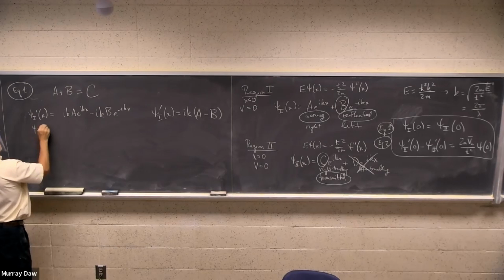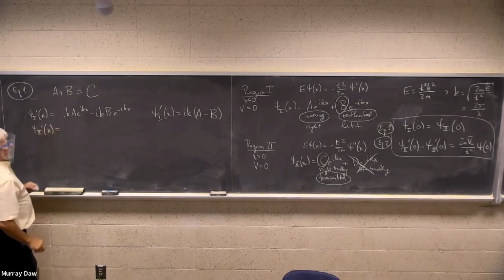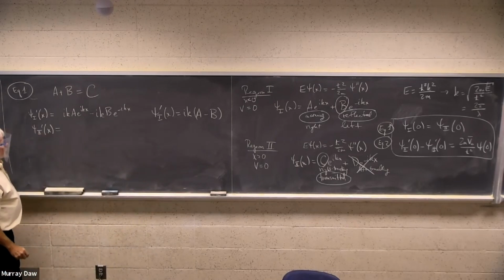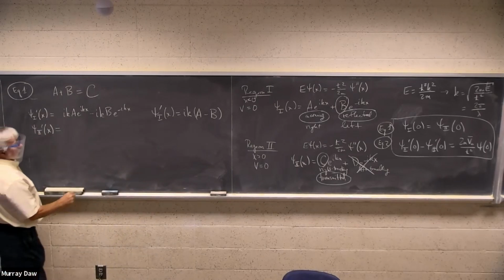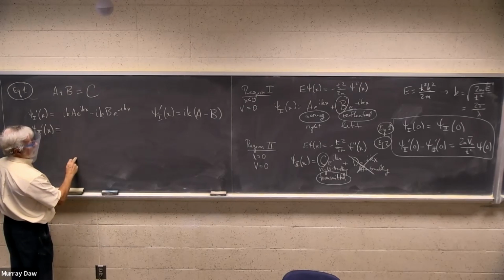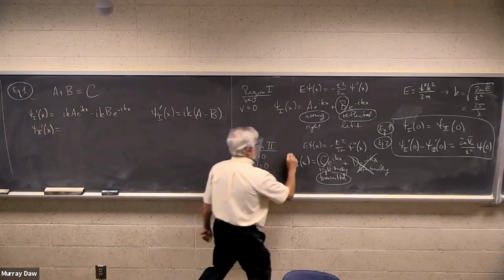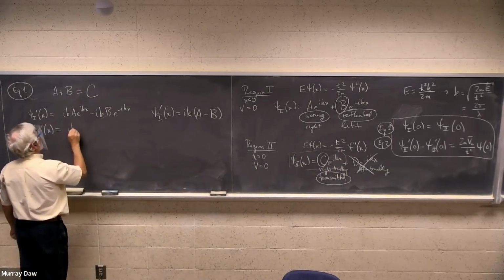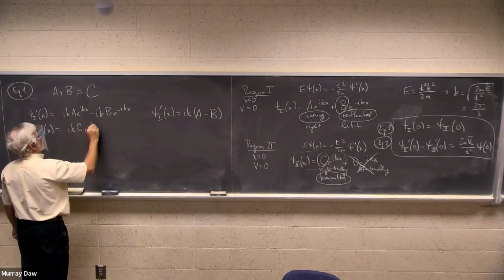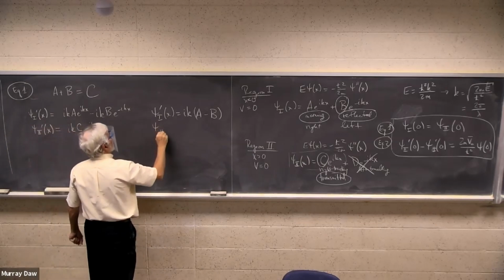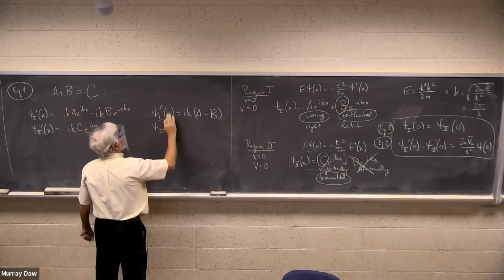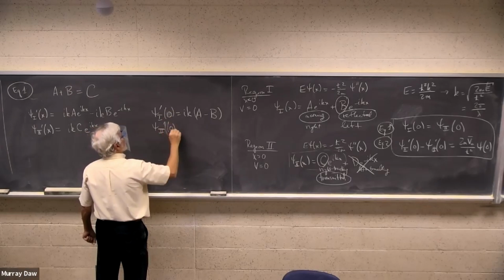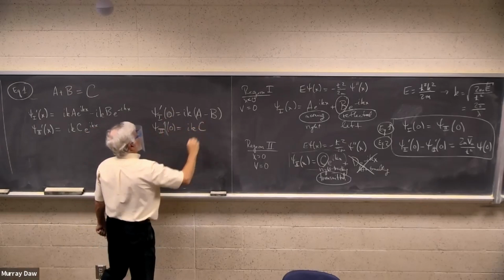Let's look at the slope in the second region. What's the derivative? Just got this one piece, IKC to the IKX.